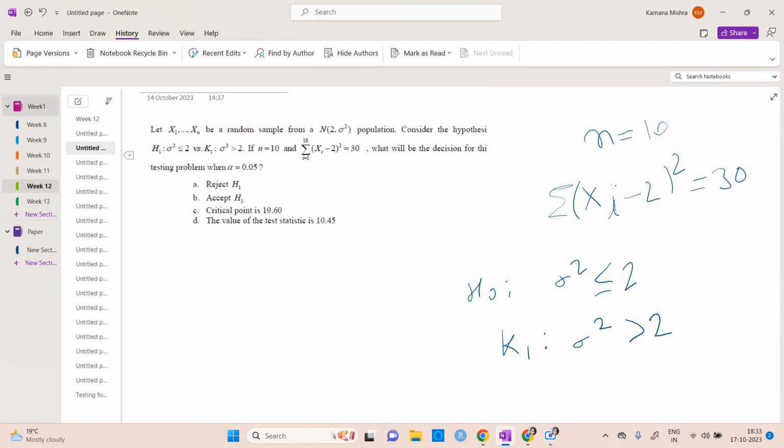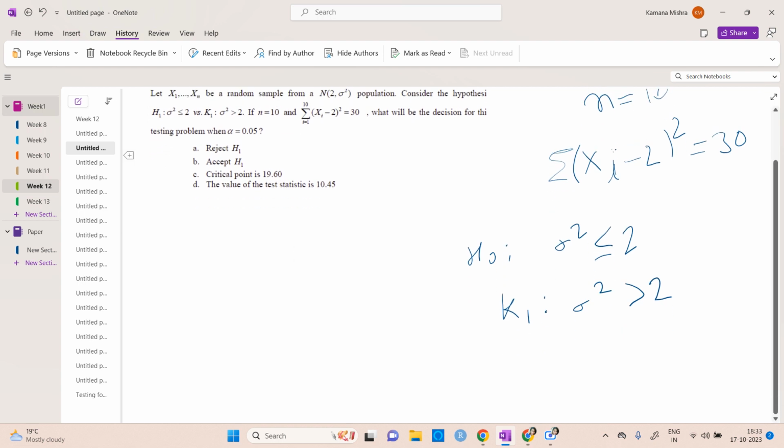Now you can see that here we are using the testing of hypothesis when the mean is given, mean mu is equal to 2, and then we are rejecting or accepting this hypothesis on the basis of W, which is equal to summation (xi minus mu) whole square divided by sigma square, and it is chi square n, right?